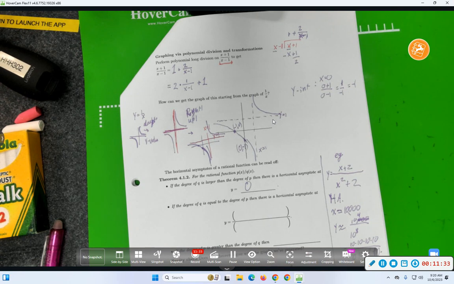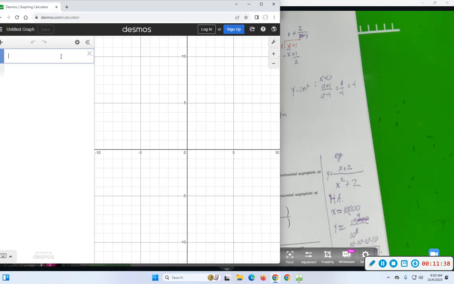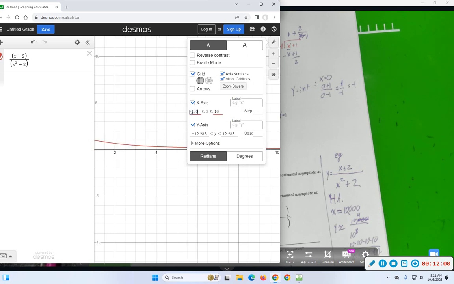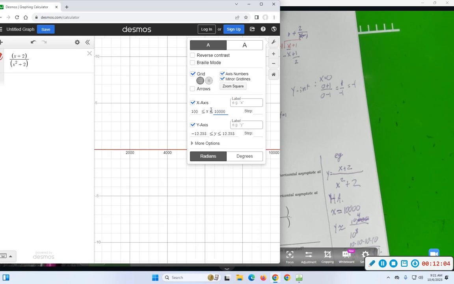And maybe we'll even see that visually. Let's graph exactly that. X plus 2, and then we'll divide by x squared plus 2. There's the graph. And I want to see what happens for really big x values. So let's see what happens from x equals 100 to x equals 10,000.